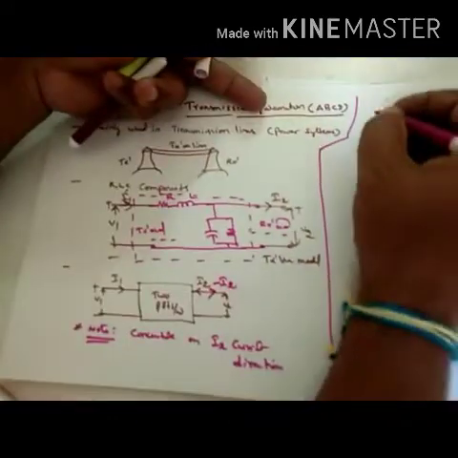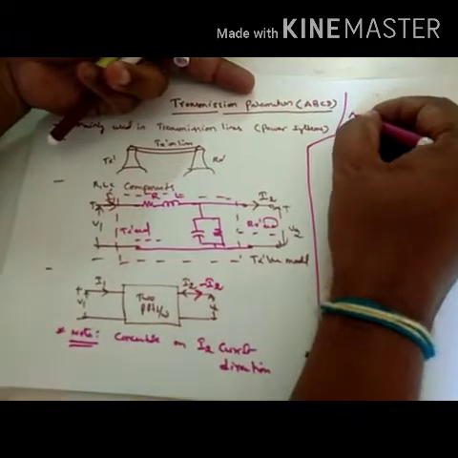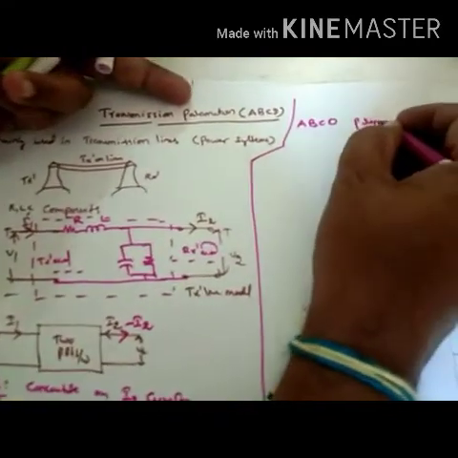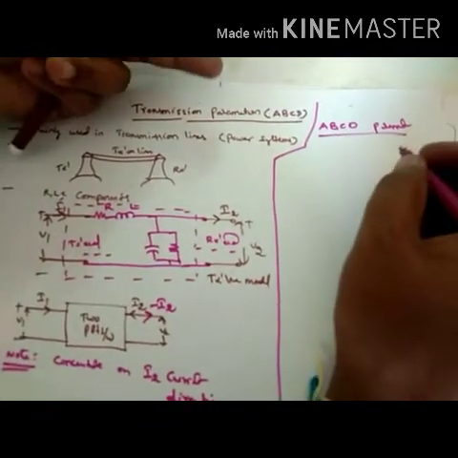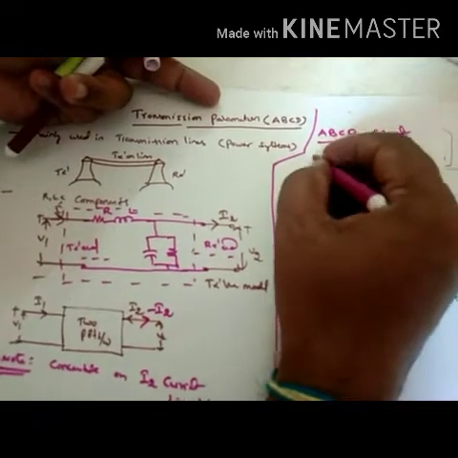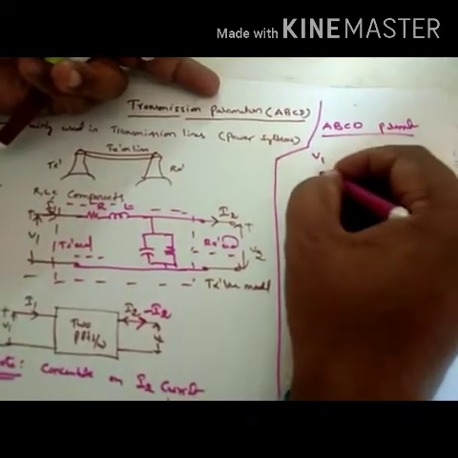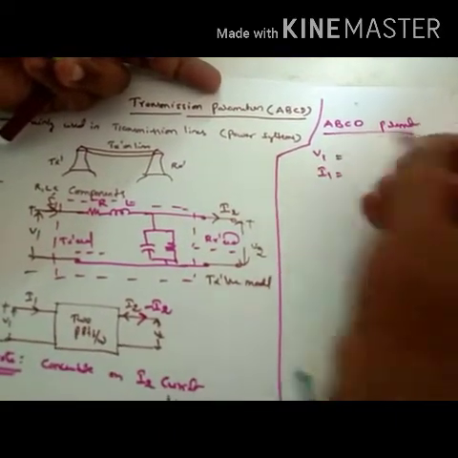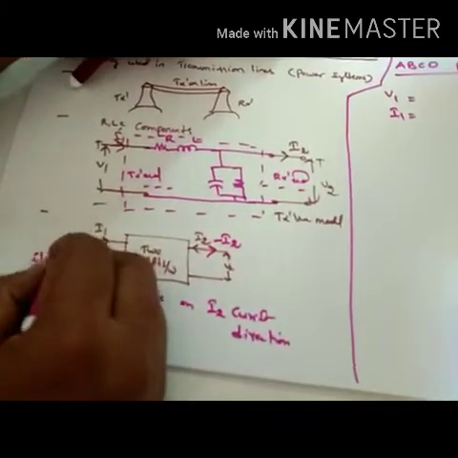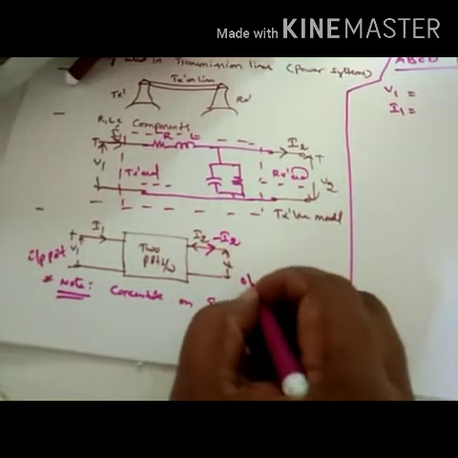Now ABCD parameters. ABCD parameters are simply transmission parameters. Here V1, I1, port 1, this is the input port. This is the output port.